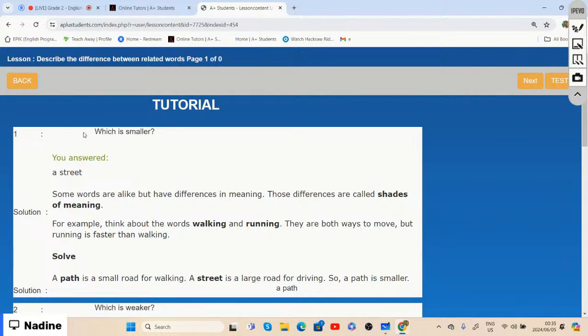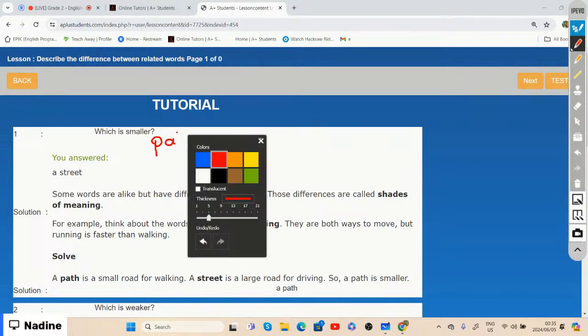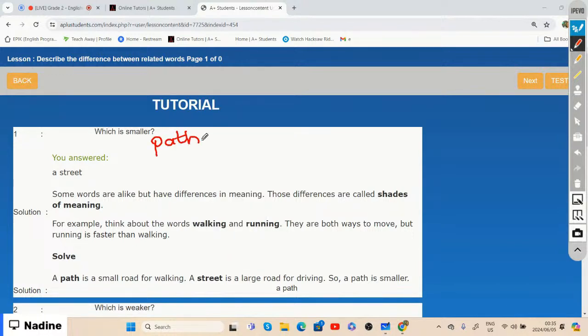All right, so if we look at the question, it says, which is smaller? So they want to know which is smaller. Is a path smaller or is a street smaller?